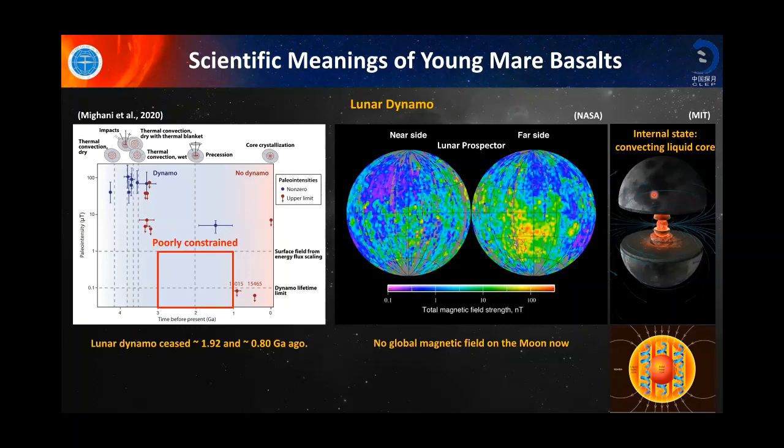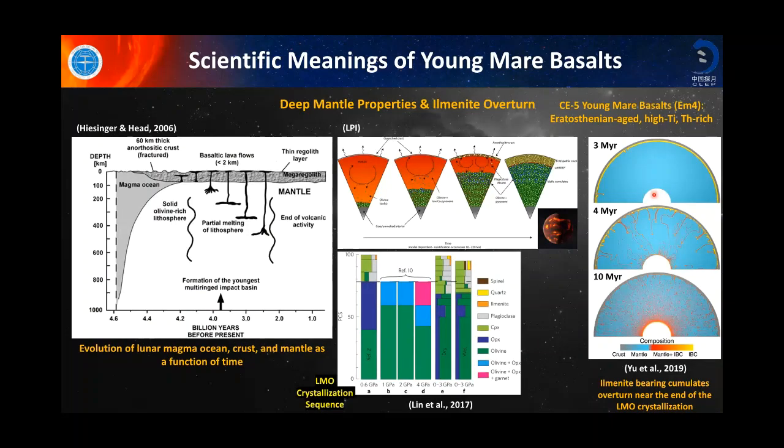The third scientific question I want to highlight is the deep mantle properties and ilmenite overturn. We already have high titanium Mare basalts, but we don't have young high titanium Mare basalts.